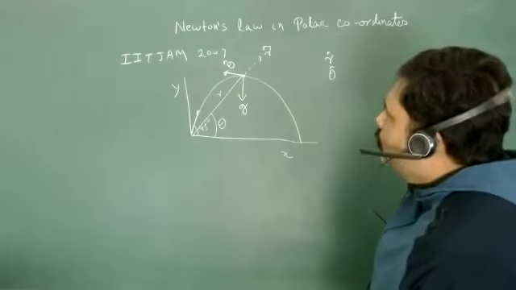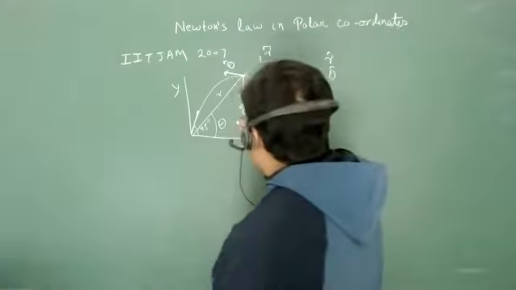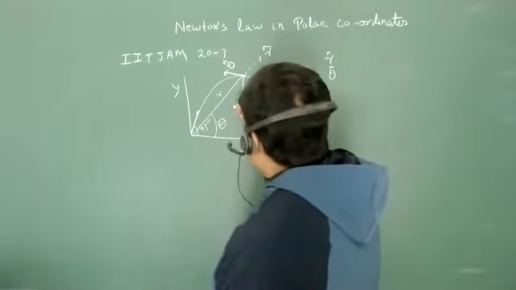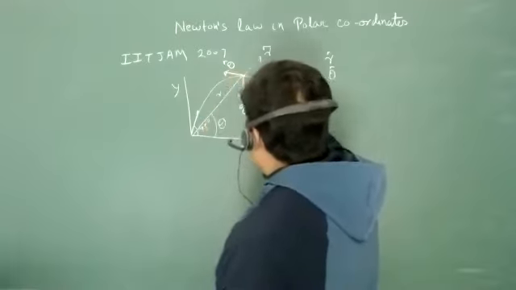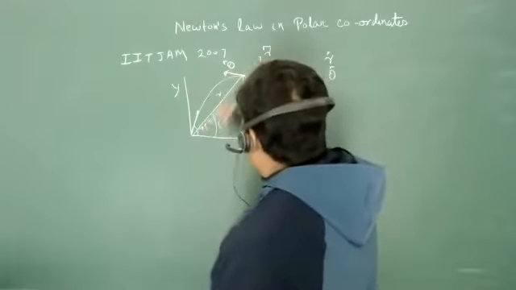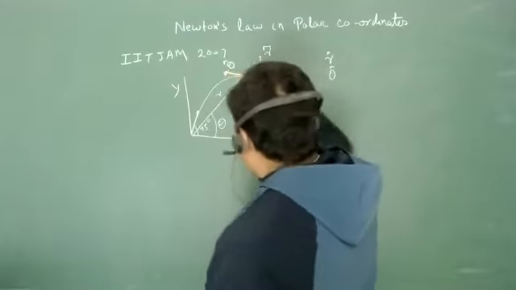So what we have to do is take the component of G along this axis and along this axis. This is your r cap and this is minus r cap. This is theta cap and this is minus theta cap.